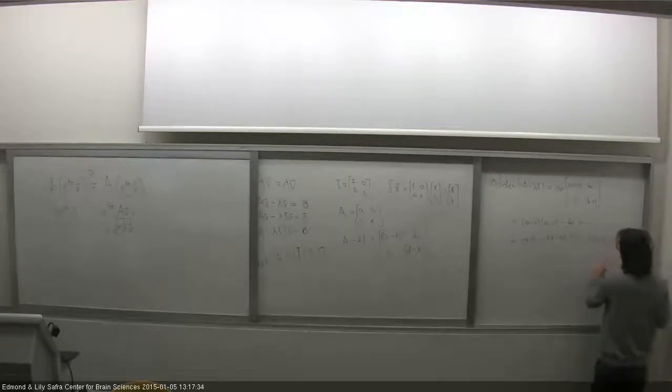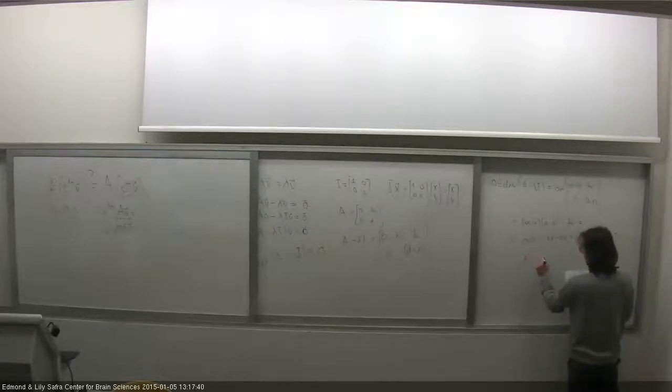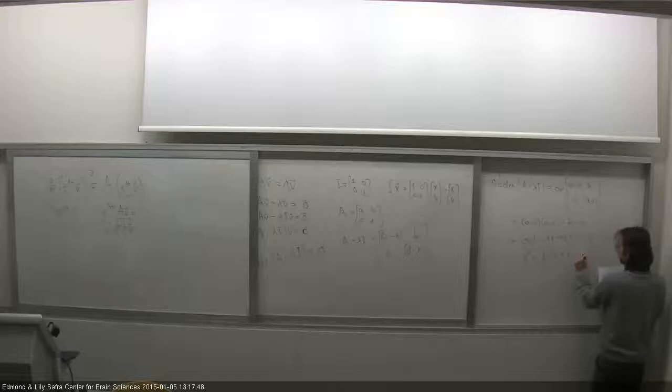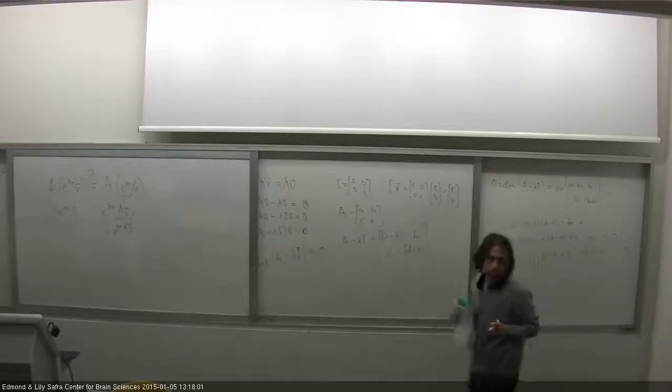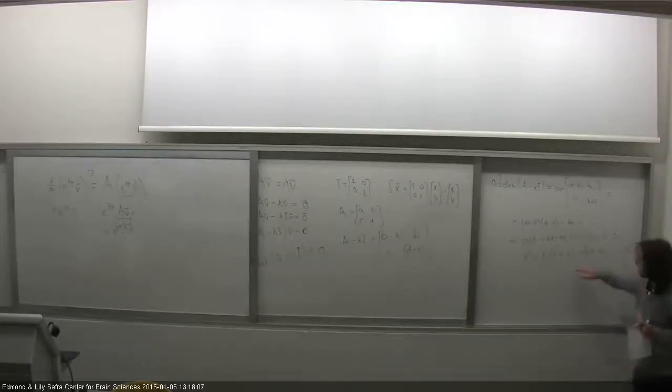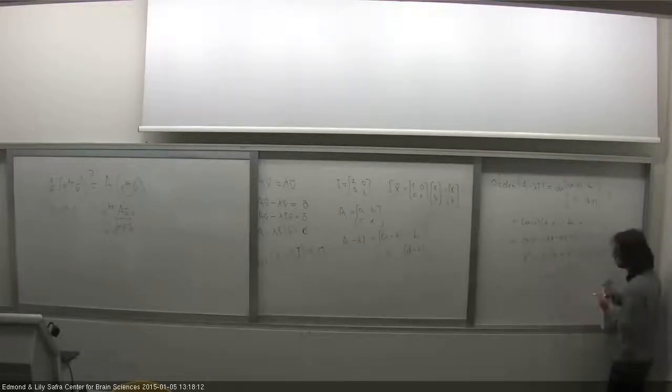So I'll write this again, grouping the different orders. Now I got the quadratic equation as I like to write it, and I want you to notice what I have here.